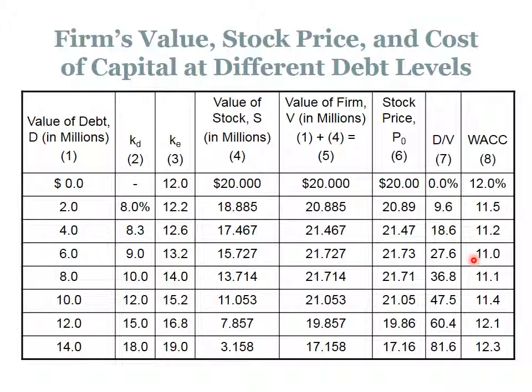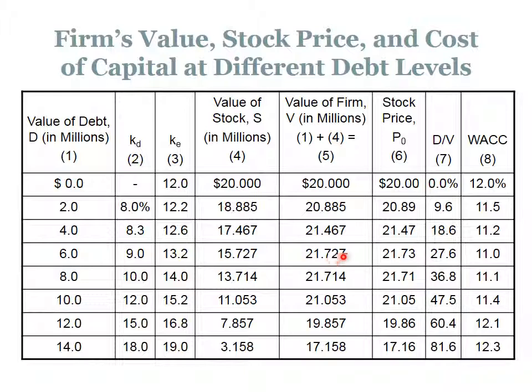So for this company, the optimal capital structure, this is in dollars rather than percentages, based on this graph is to hold roughly $6 million in debt and the other $15.73 million in stock. If you'll notice, if the firm has that as a capital structure, firm value is maximized.